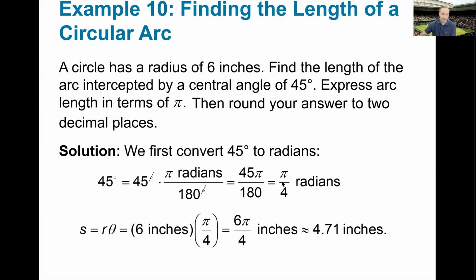That's going to reduce down to pi over 4. So instead of placing 45 degrees in your arc length formula, you'll have to say R times theta in terms of radians, which is pi over 4. And then you say, well, that's going to give me 6 pi over 4. The arc length on the circle in this situation is going to be 4.71 inches.